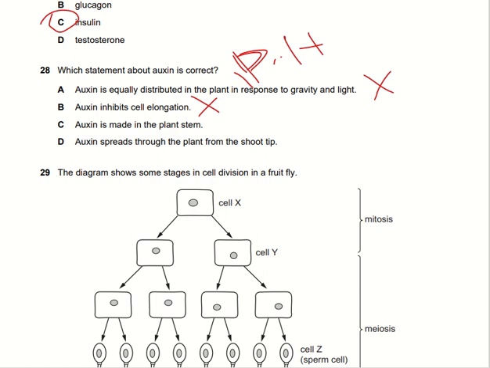It is a growth hormone. Auxin is made in the plant stem. It is made throughout the plant body, not only in the stem. Auxin spreads through the plant from the shoot tip. Yes, auxins are basically produced at the shoot tip, and from there they are distributed throughout the plant. So option D here is the right answer.